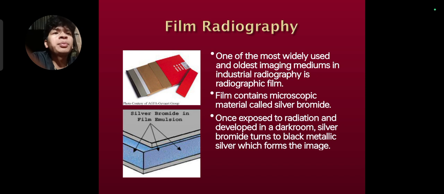Now, film radiography is the most widely used and oldest imaging medium in industrial radiography, the radiographic film. Its material is composed of silver bromide. The silver bromide turns to black metallic silver, which forms the image through the process of radiation. We wrap this material around the object that we are going to test.